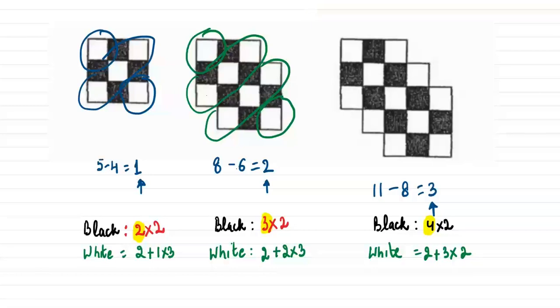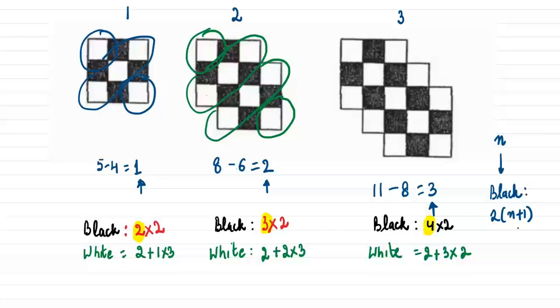So it is always 1 more than the figure number. So we can say for the nth figure the black squares should be 2 times n plus 1. Because 4 is 1 more than 3, this is the third figure, this is the second figure, this is the first figure. Here 3 is 1 more than 2 and here 2 is 1 more than 1. So for the nth figure it should be 1 more than n.